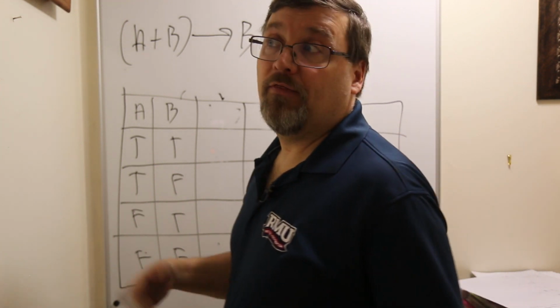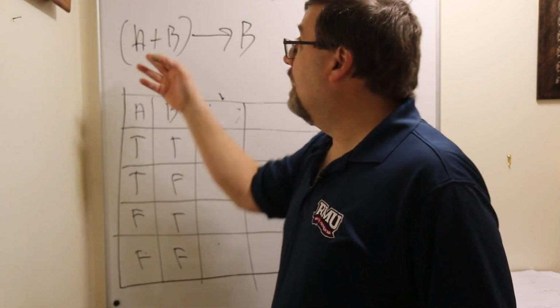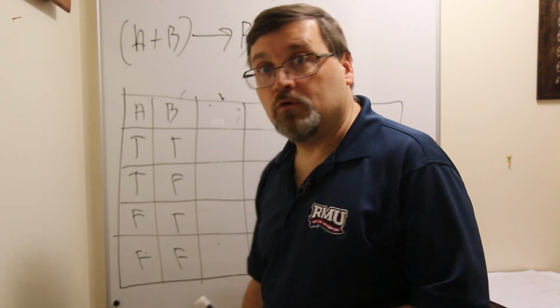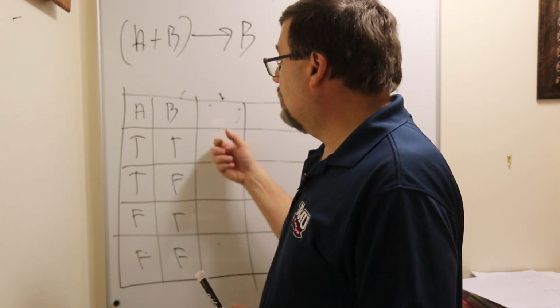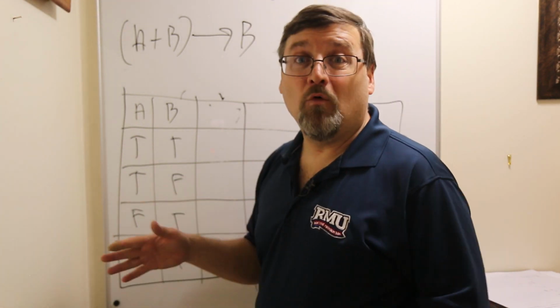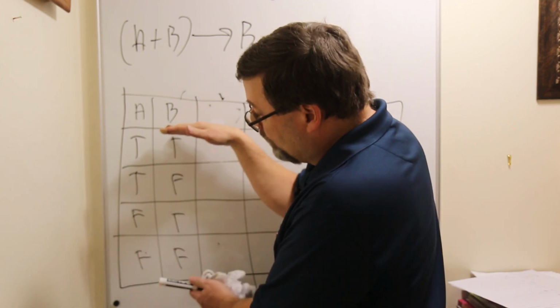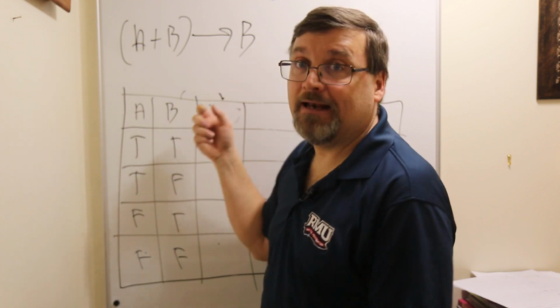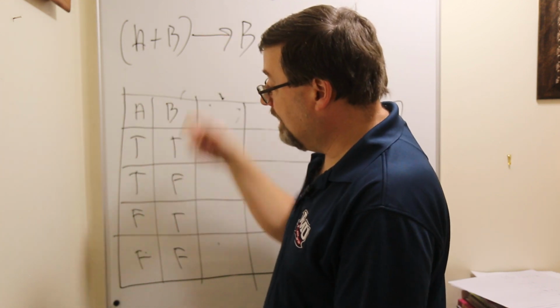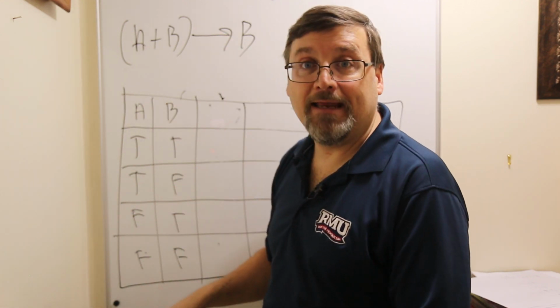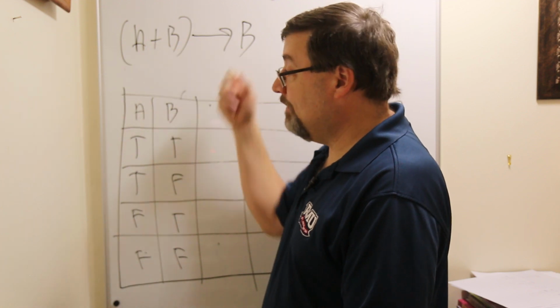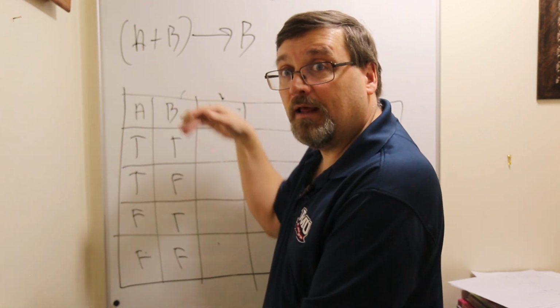Later on, we're going to add 3 or 4 different letters up here. We're going to need more rows in our truth table. The number of rows doubles, well, except for the header row. The number of true and false rows doubles each time we add another letter. So if we had A, B, and C, instead of 4 rows, we would need 8. If we had A, B, C, and D, we need 16 rows, plus, of course, the header row.